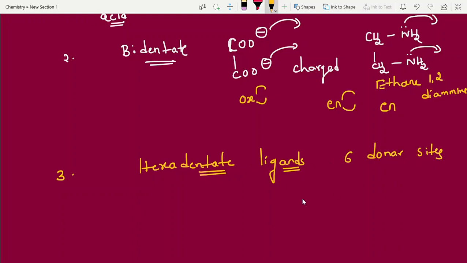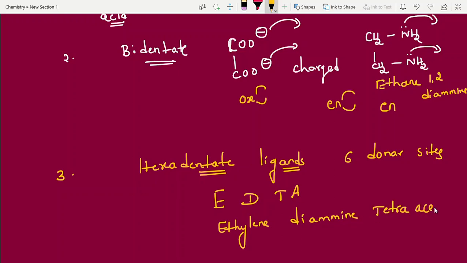The best example, EDTA: ethylenediaminetetraacetate. I am going to draw the structure.